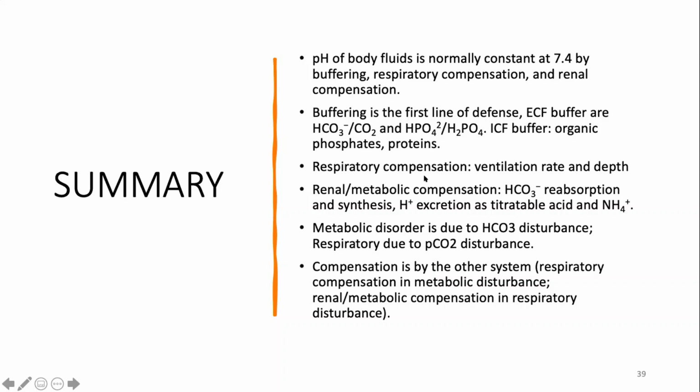The respiratory compensation is the second line of defense by altering the ventilation rate and depth. And finally, the renal or metabolic compensation is the third line of defense, which is the most effective, although it takes some time for the effect to take place.